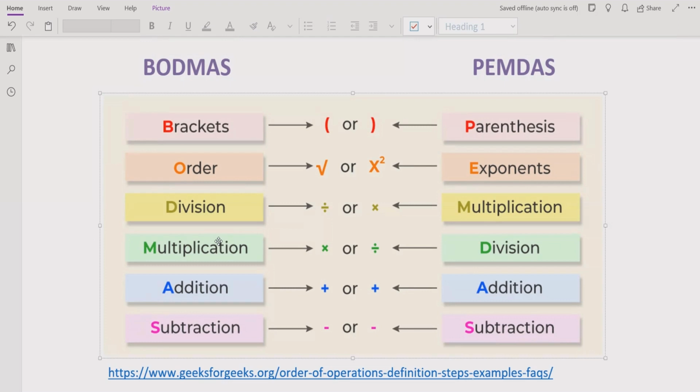Similarly, addition and subtraction also have similar precedence. So you go left to right in the expression and find which is coming first. If addition is coming first, you solve that part first. And if subtraction is coming first, you solve that first.